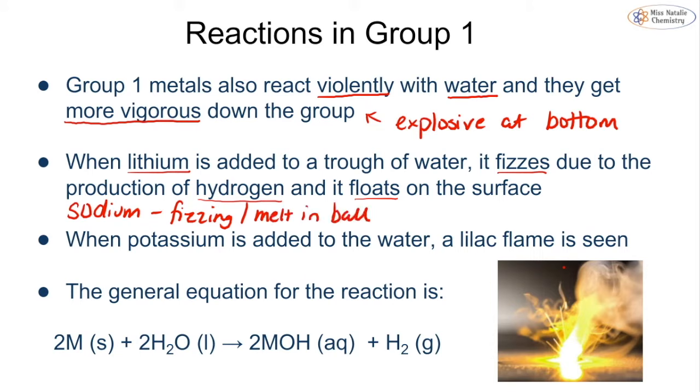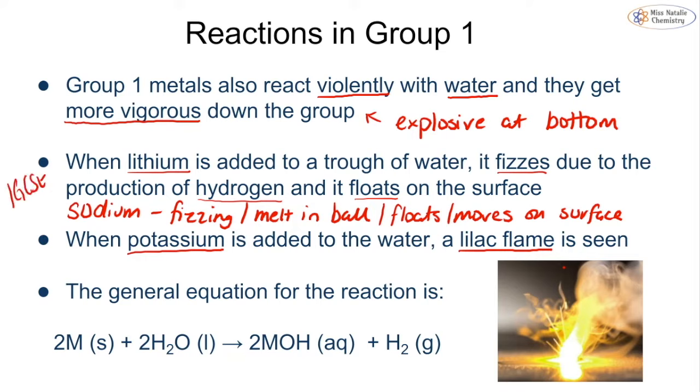That's because the hydrogen that is being produced is just short of actually igniting, but it is giving a very, very high temperature because this is an exothermic reaction, and it causes the sodium to melt, and again, it floats and moves on the surface. Potassium is slightly different: when we add potassium, the hydrogen actually ignites and we see a lilac flame being formed.